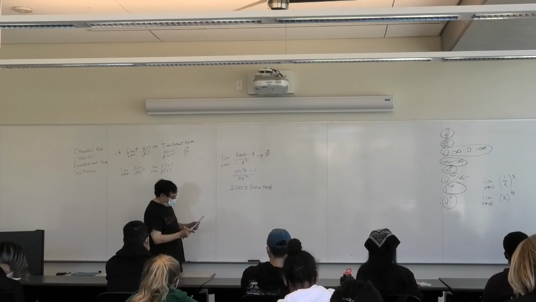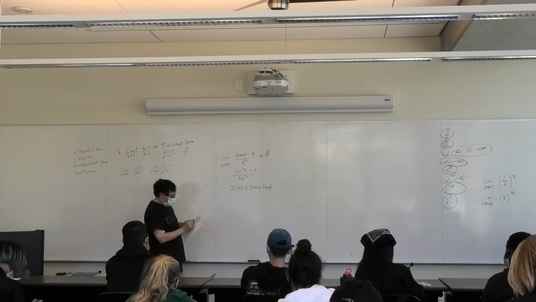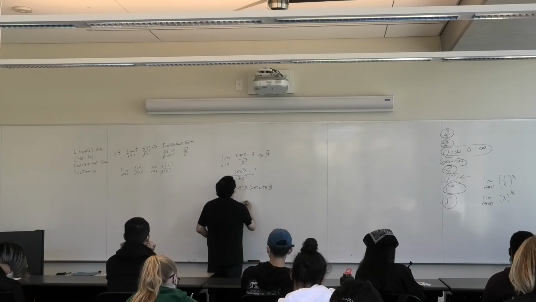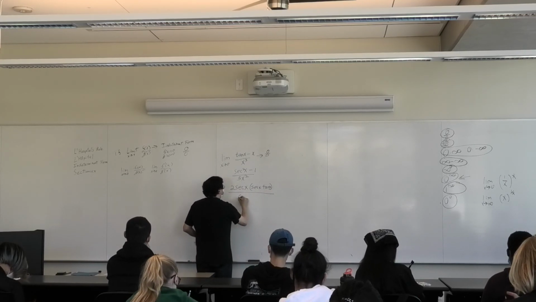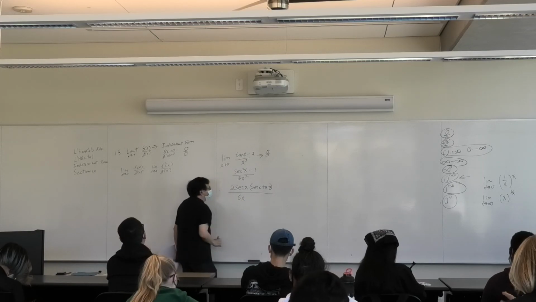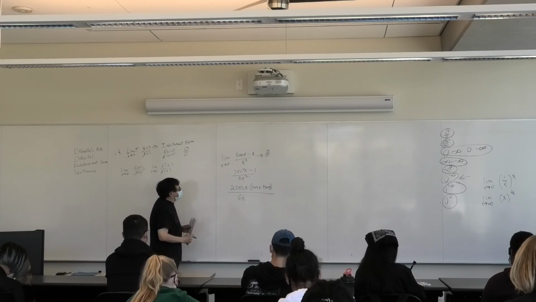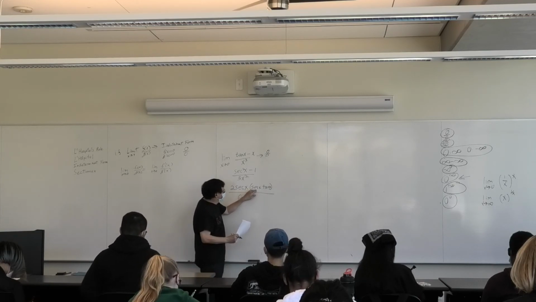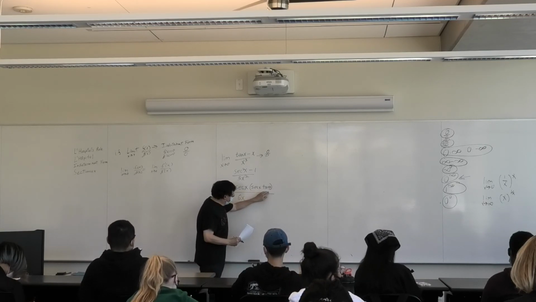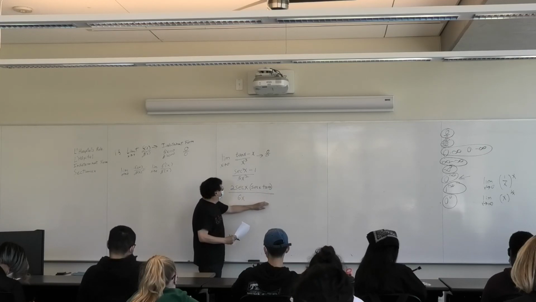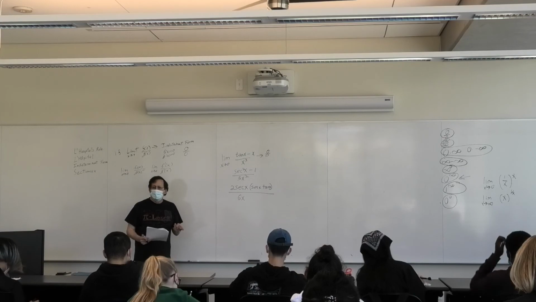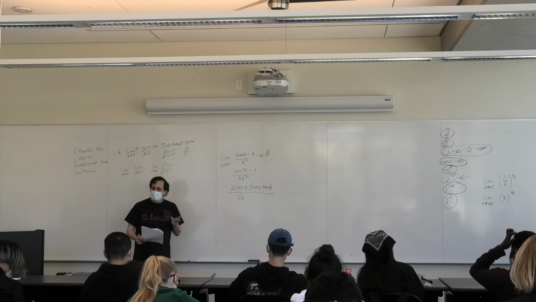Oh, because I wrote it wrong. Too bad. Well, the 1 goes away. 6x. Okay, let's check again. As we go to 0, secant goes to 1, secant goes to 1, tangent goes to 0, 6x goes to 0. How many times have we applied the rule now? Twice? We're going to do it one more time, right?